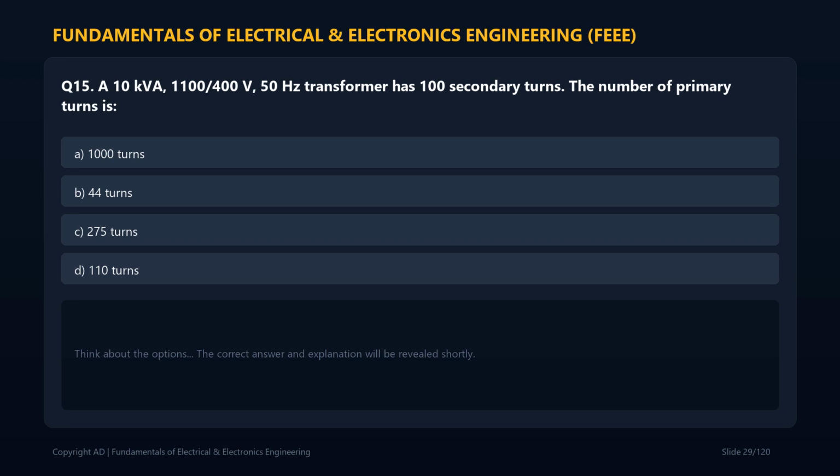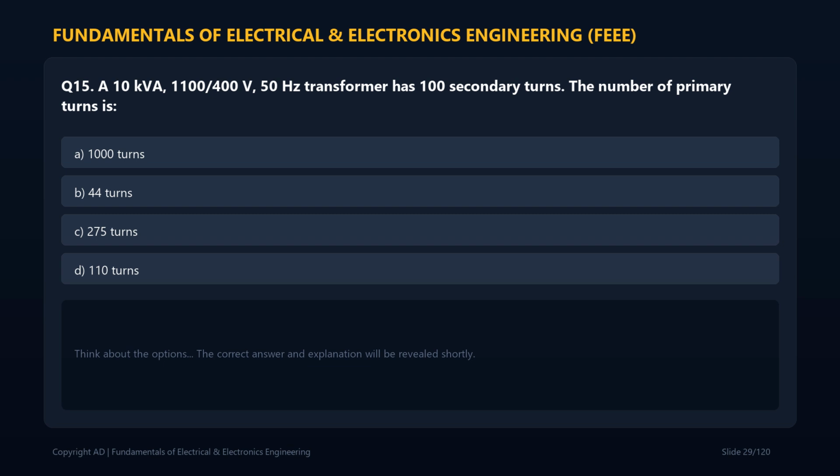Question 15. A 10 kVA, 1100 over 400 volt, 50 Hz transformer has 100 secondary turns. The number of primary turns is option A, 1000 turns. Option B, 44 turns. Option C, 275 turns.